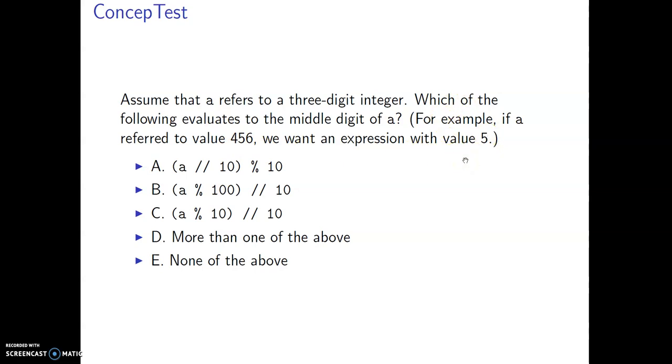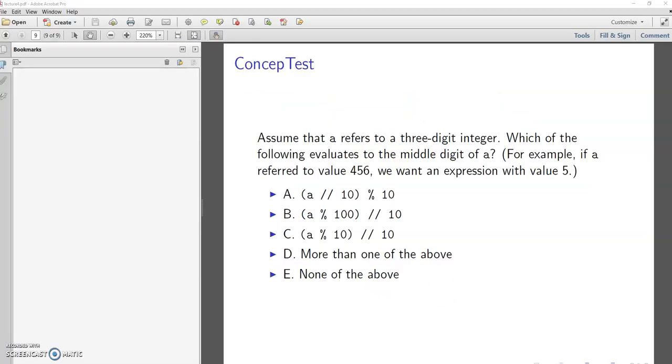For example, if A referred to a particular value such as 456, we want an expression with value 5 from down here. Vote on this one tomorrow in class. I think this is another one that I want you to try and not just hear the answer on the video. And make sure you bring your answer and your reasoning to class. That's enough about operators, and we'll begin there next time.